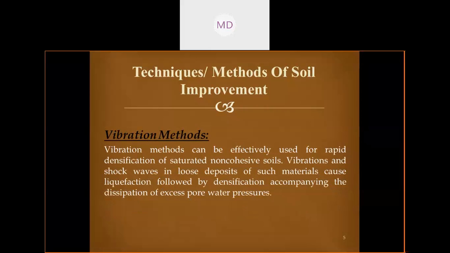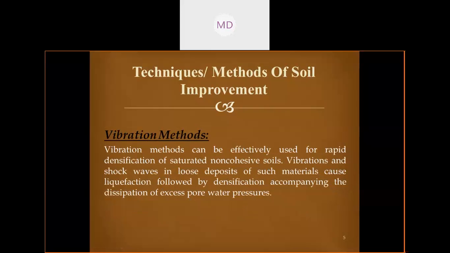Next is the vibration method. Vibration methods can be effectively used for rapid densification of saturated non-cohesive soil. Vibrations and shock waves in loose deposits of such material cause liquefaction followed by densification, accompanying the dissipation of excess pore water pressures.